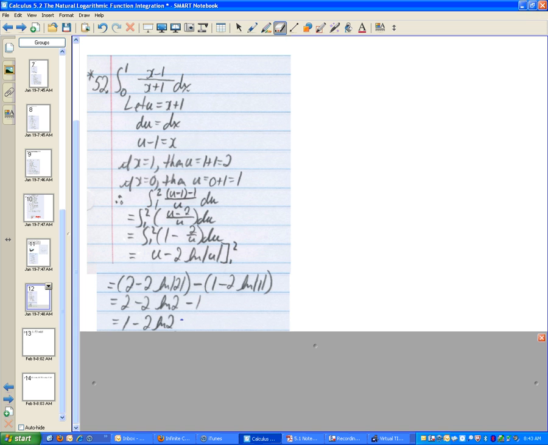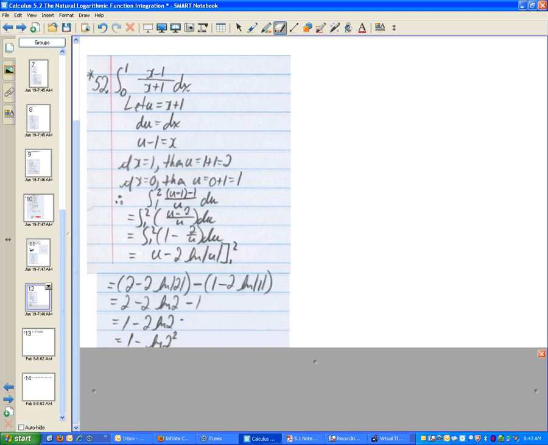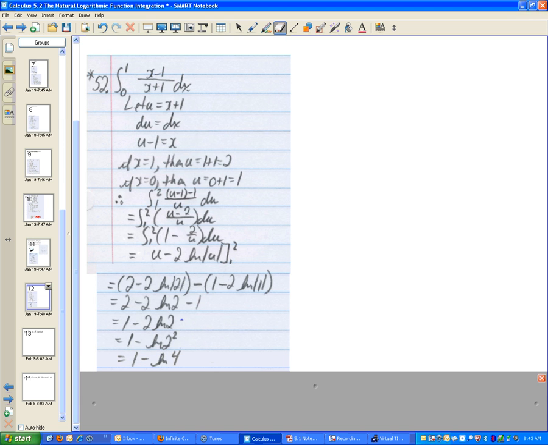A 2 that's a coefficient of a natural log, couldn't that also be an exponent? So use your exponent property. Make that 1 minus the natural log of 2 squared, and get 1 minus the natural log of 4.